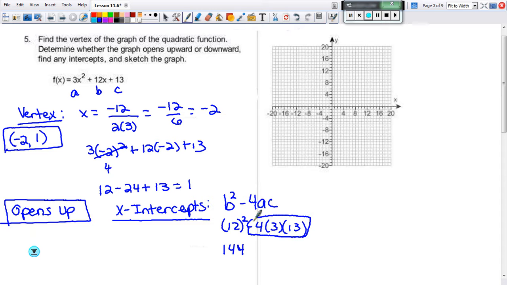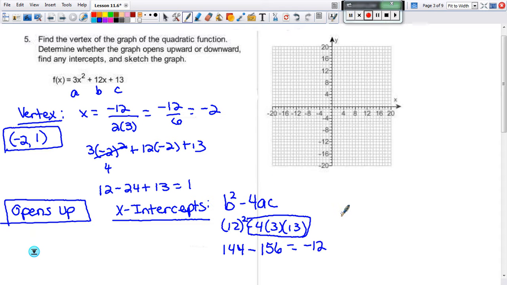These get multiplied together, so you've got minus 12 times 13, 156. That equals negative 12.